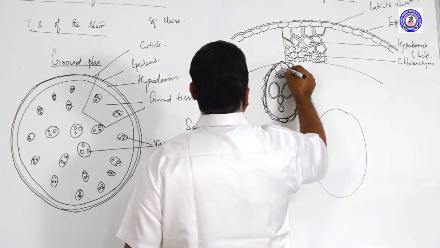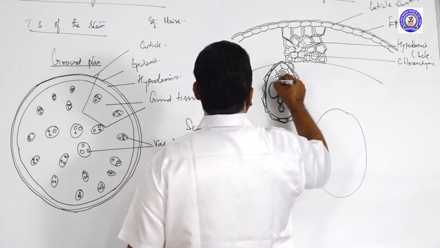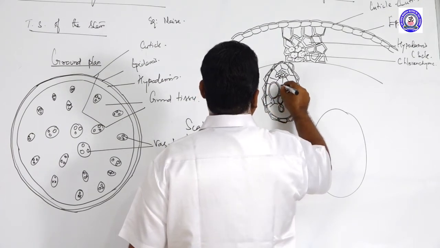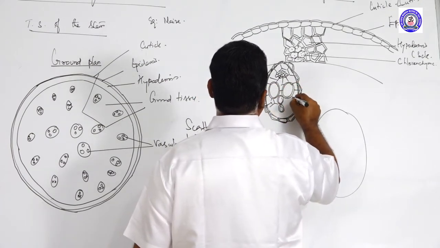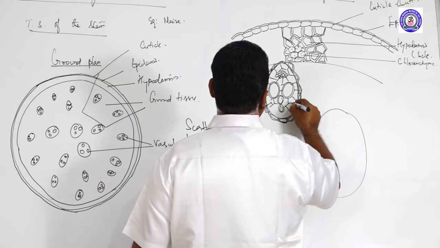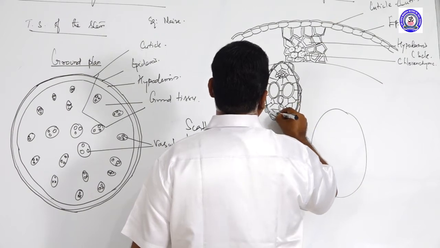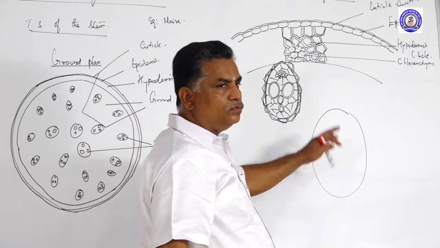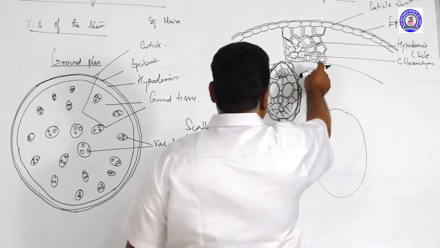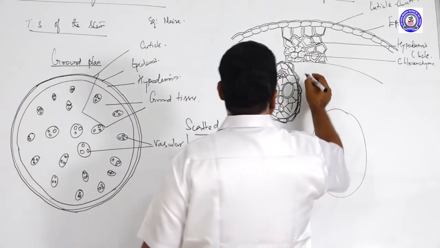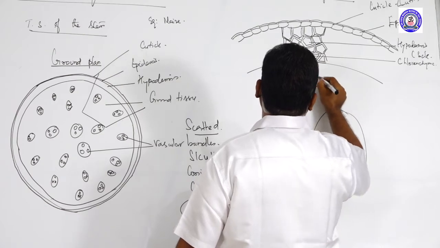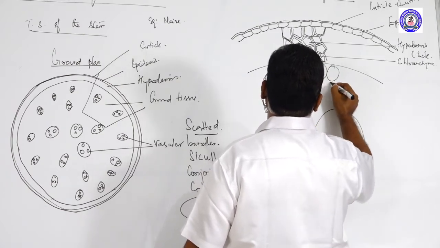And this structure is filled with parenchyma cells or fibers, phloem fibers or xylem fibers like this. So the same structure goes here too. And this ground tissue is made up of parenchyma cells with a lot of intercellular spaces.